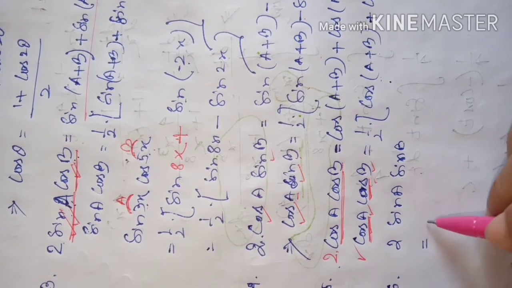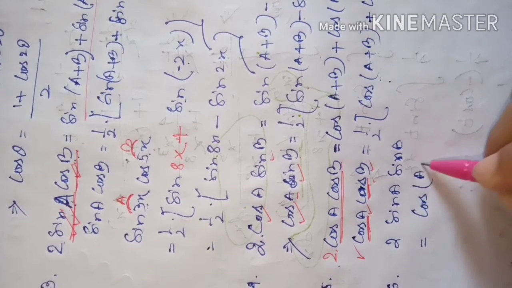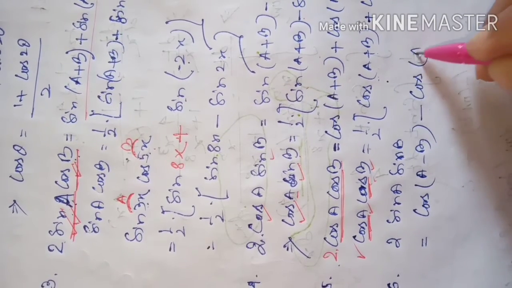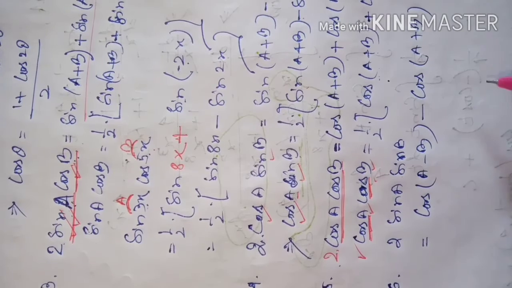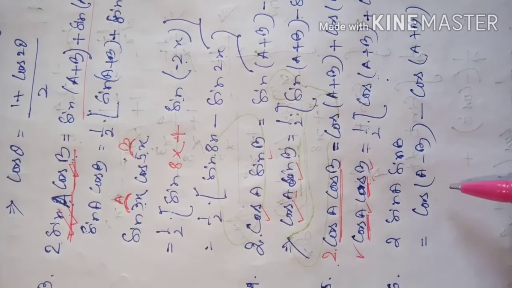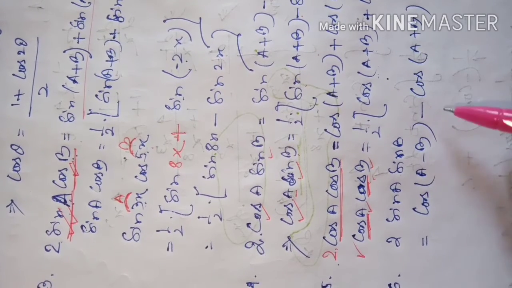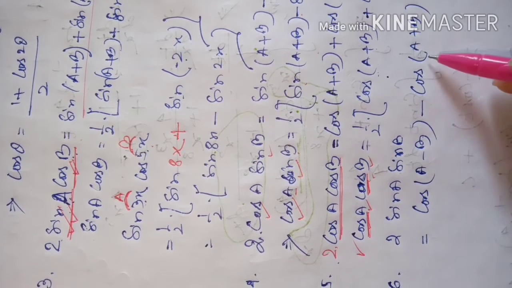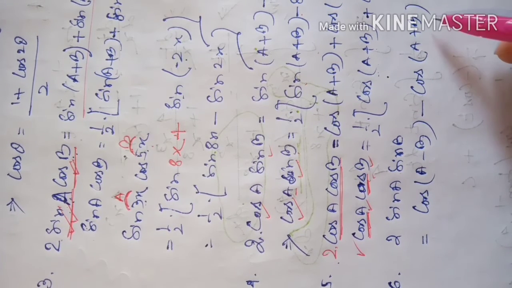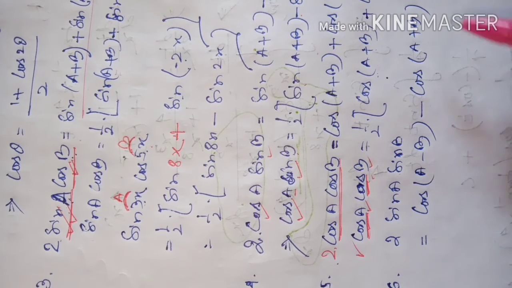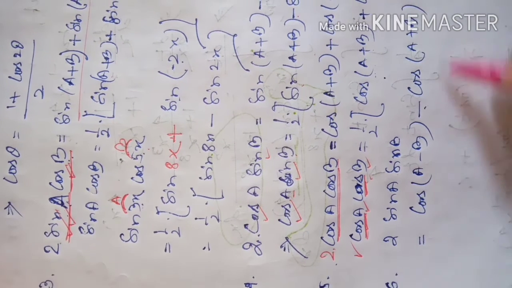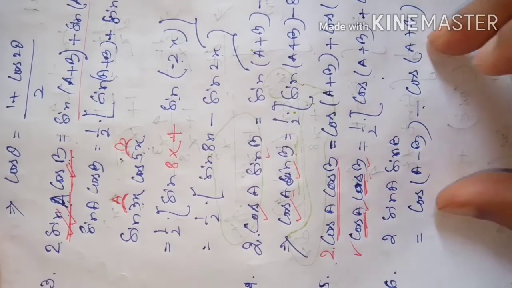So it will be cos of A minus B minus cos of A plus B. You just check: cos A cos B plus sin A sin B, minus again cos A cos B, then minus sin A sin B with a minus sign, that will make it positive. So you can expand and check, this is going to give you this one.